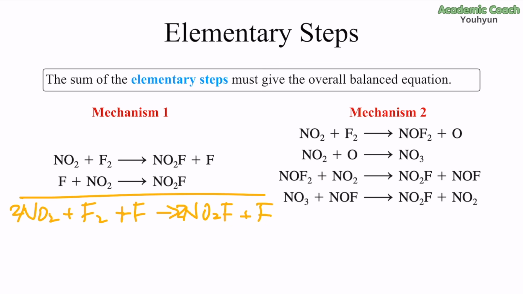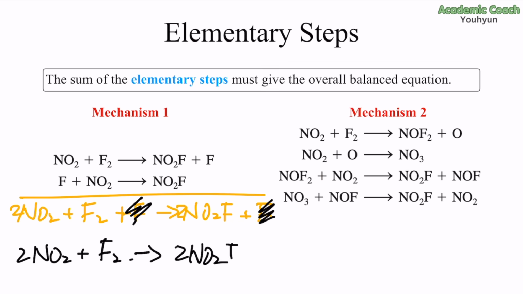This is how it looks when I sum up the two elementary steps. And I'm going to cancel out what I have in common. Then eventually I am left with 2NO2 plus F2 produces 2NO2F. This is the overall balanced equation.